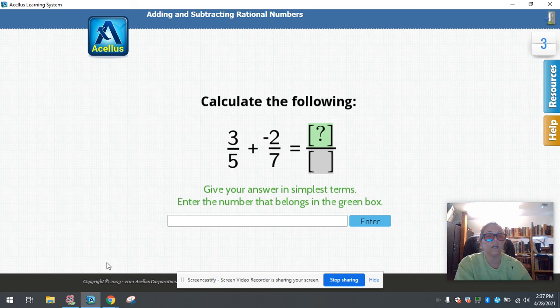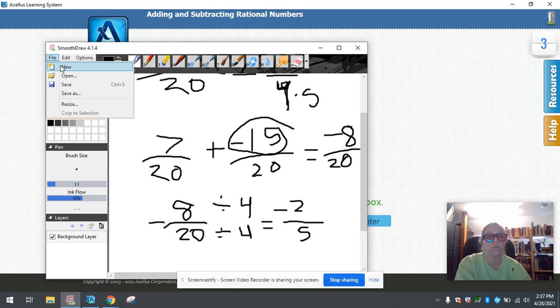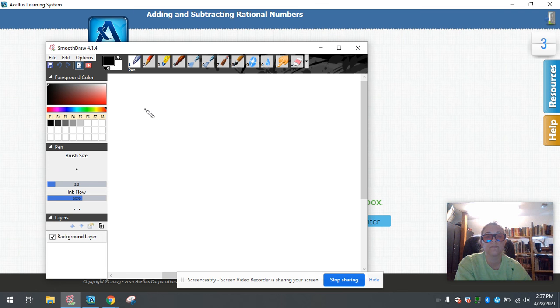3/5 plus -2/7. Find a common denominator by multiplying the denominators together. 5 times 7 is 35.